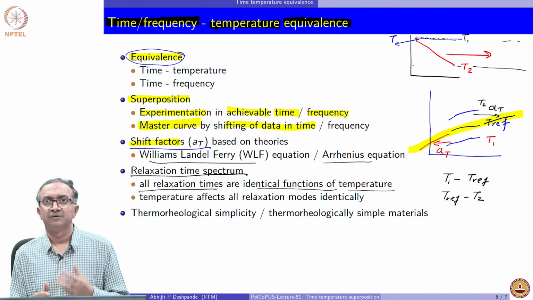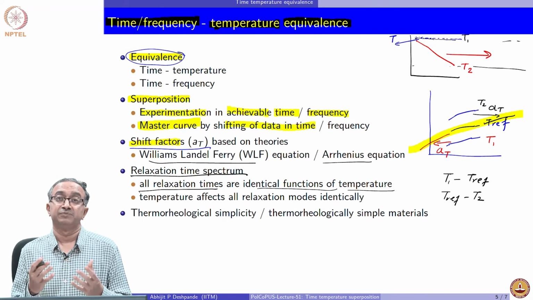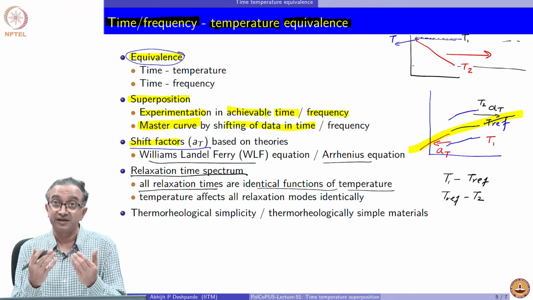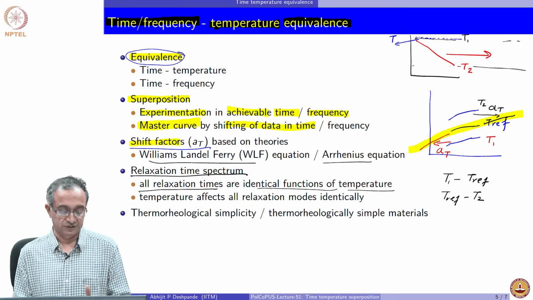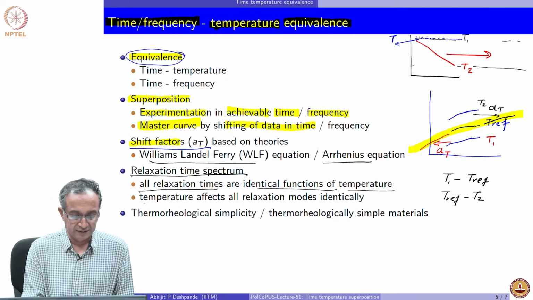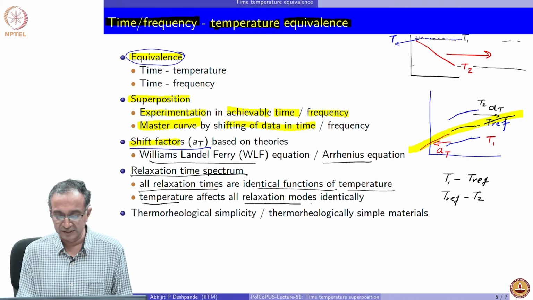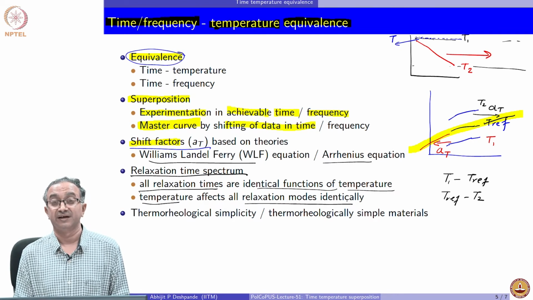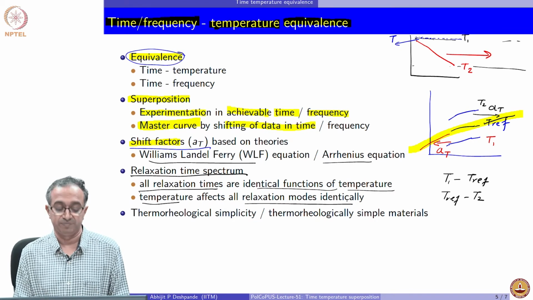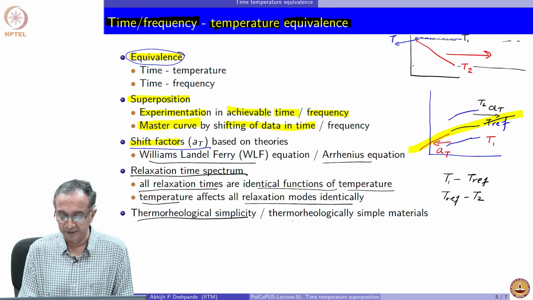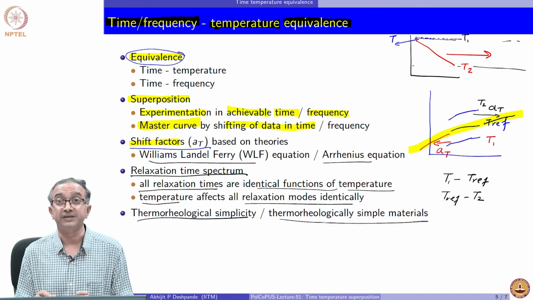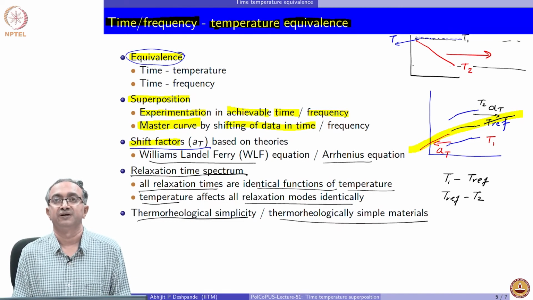Fortunately, because of the way the material relaxations are related to macromolecules, quite often this assumption holds. And given that temperature affects all the relaxation modes identically, and that is why they are all identical functions of temperature, such materials are therefore called thermorheologically simple, and for these time temperature superposition can be carried out.